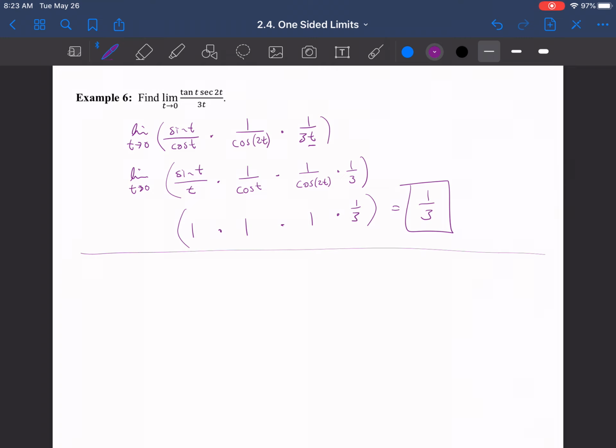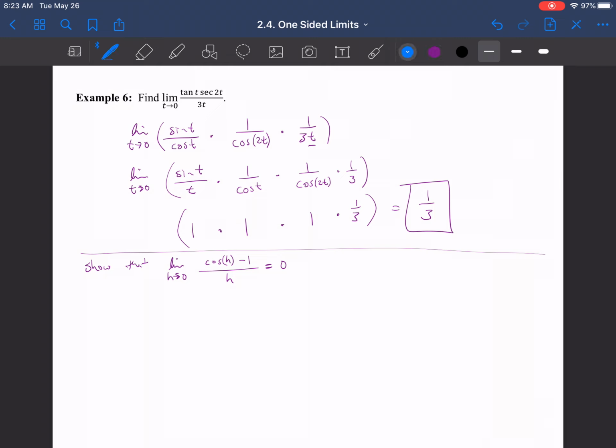Let's try to show that the limit as h goes to 0 of cosine of h minus 1 over h, we want to show that that equals 0. All right, so let's get to work on this.